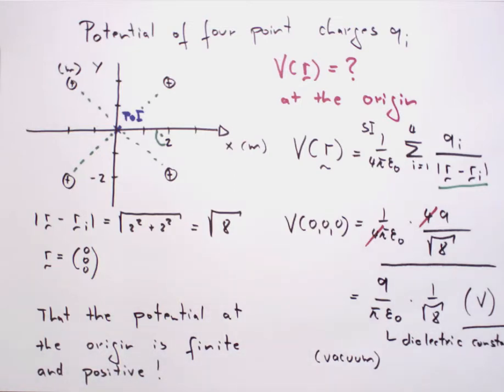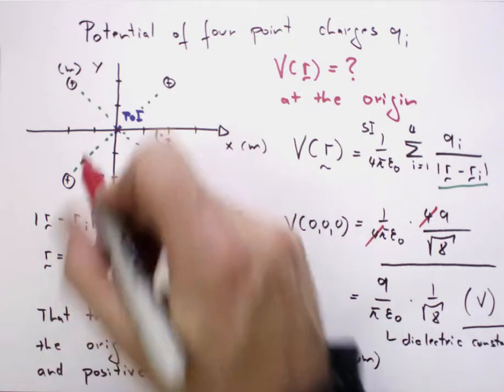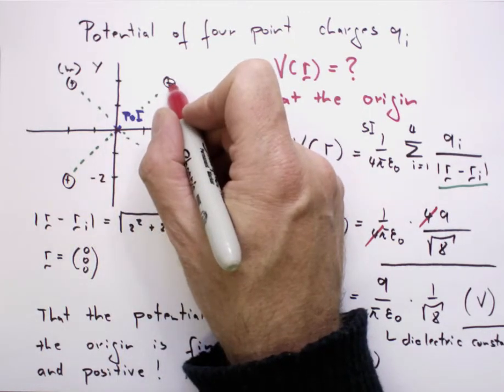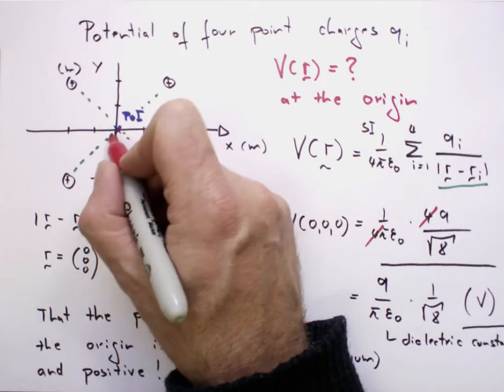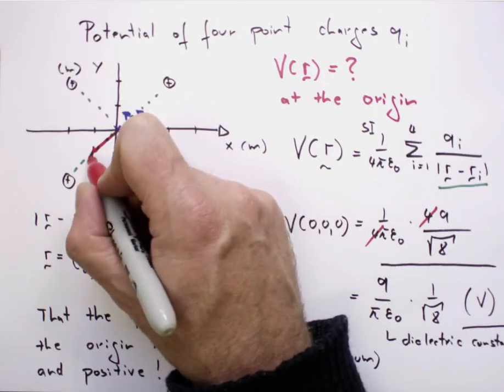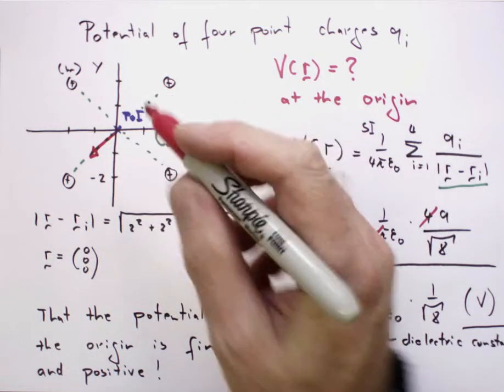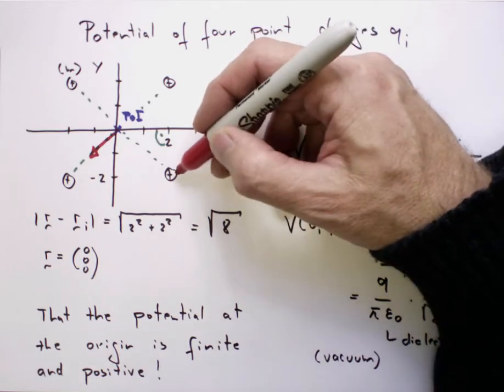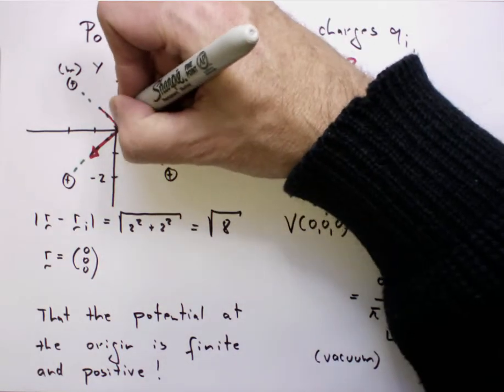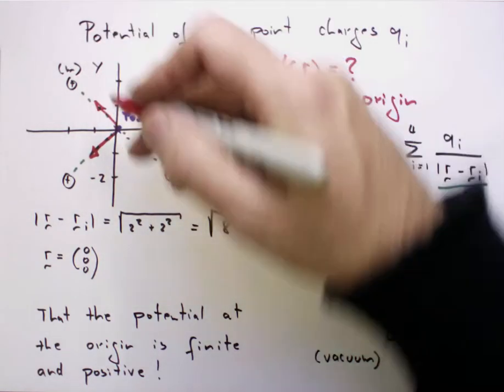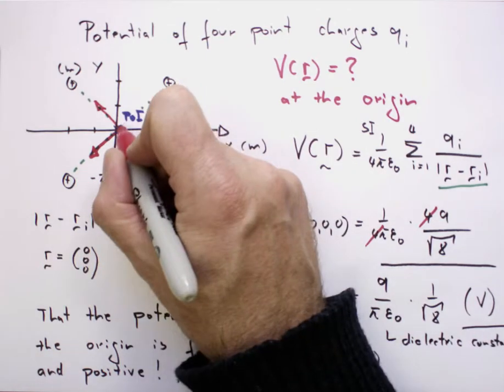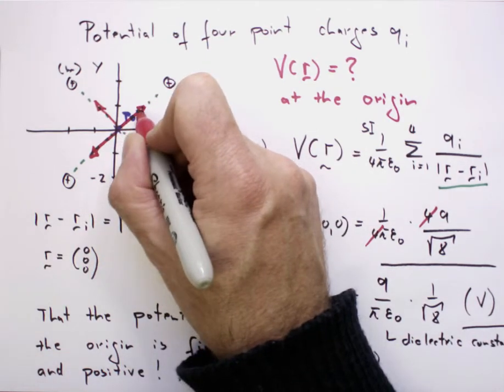That's our conclusion. Now this is interesting because if we now look at the field, we have four contributions to the field. We have a field vector due to this source charge Q1, which will point in this direction. We will have a contribution from this source charge Q2, which points in this direction. And we have one from Q3 pointing at the same magnitude into this direction.